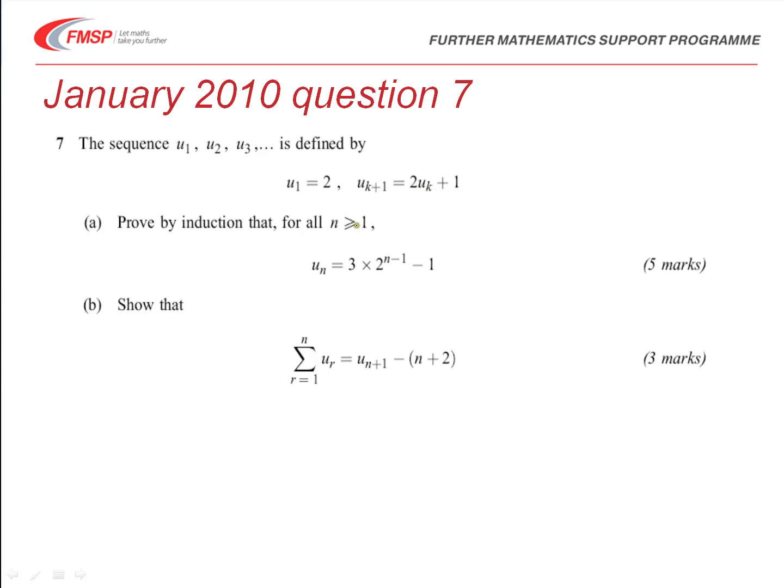And we have to show, firstly in part A by induction, that the general rule for any particular term is given by 3 times 2 to the n minus 1, minus 1. And then in part B we have to use the result to help us express the sigma notation result in terms of u n plus 1.